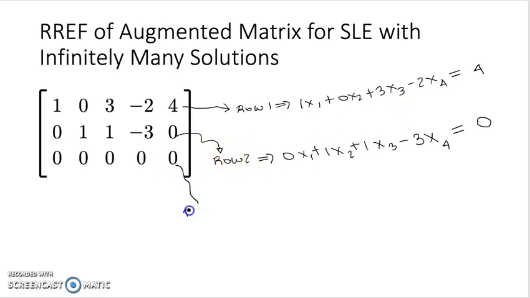Then here, row 3 is implying that we have 0x1, 0x2, 0x3, 0x4 on the left side, and then the right-hand side is equal to 0. So this equation is simply saying 0 equals 0.